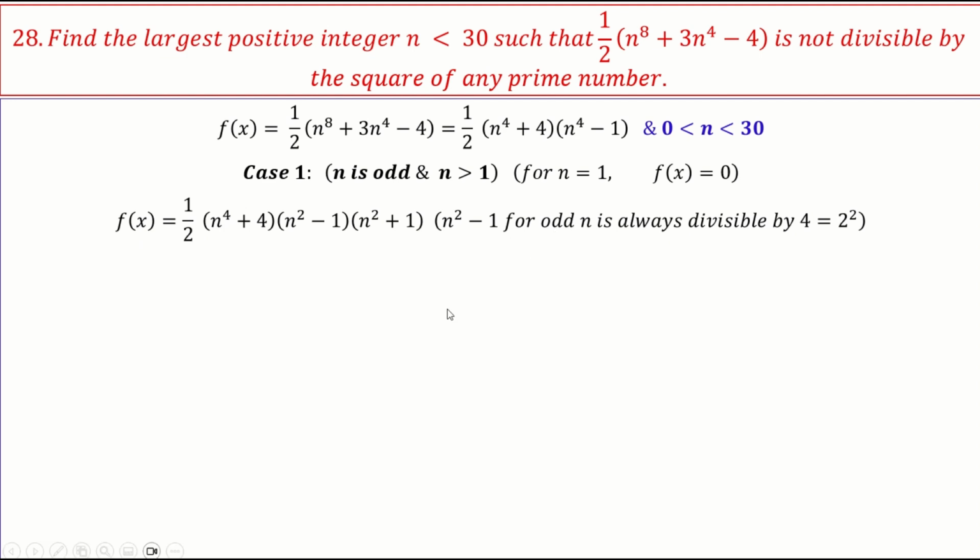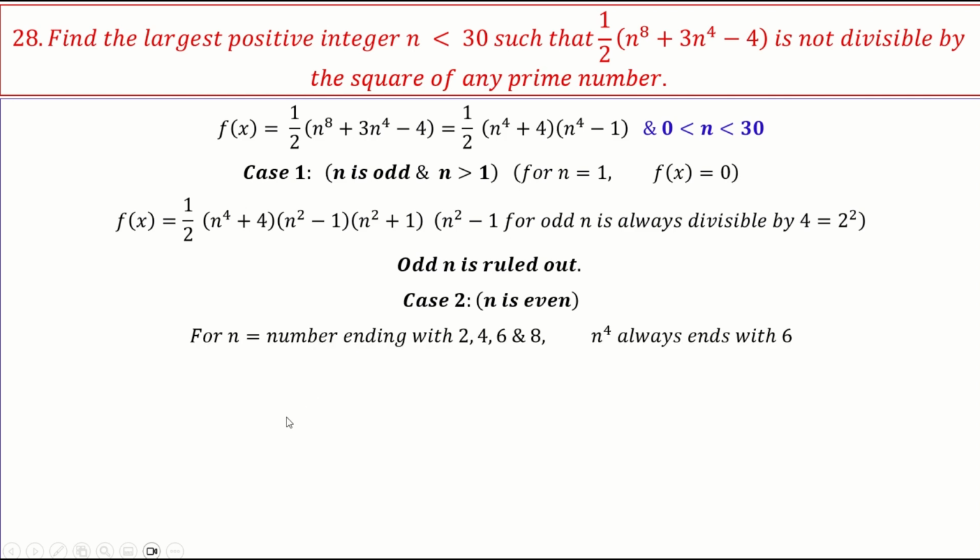We ruled them out. So case 2, let's go to even. n is even now. An even number can end with 2, 4, 6, 8 and 0, right? Now looking at n square plus 1, something should strike you. Looking at this n power 4 plus 4, something should strike you.